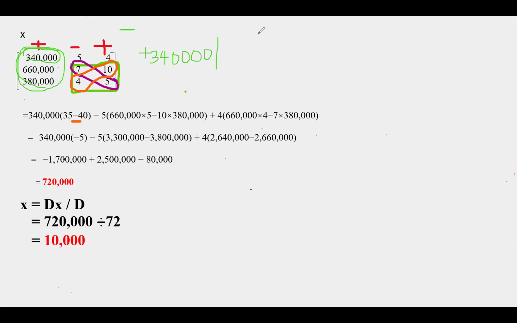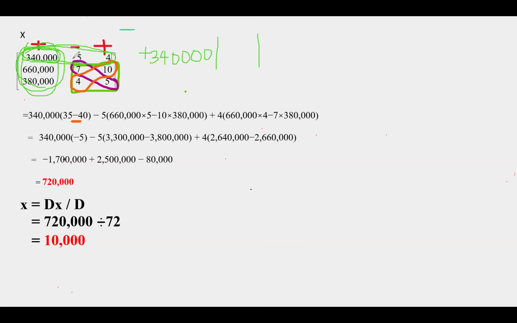Now we're going to derive our 2 by 2 matrix. Remember, I told you we ignore the values in the row and column where the value outside is. If the value outside is 340,000 Uganda shillings, we ignore all numerals in that particular row and all numerals in that particular column.